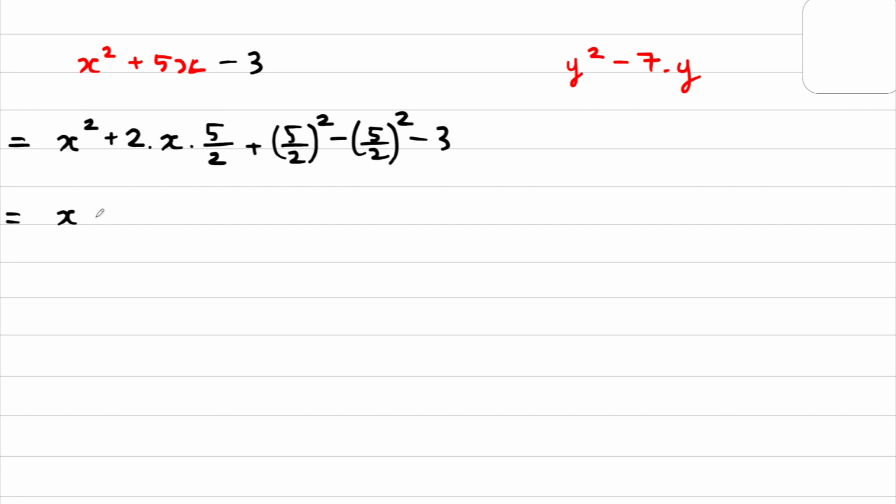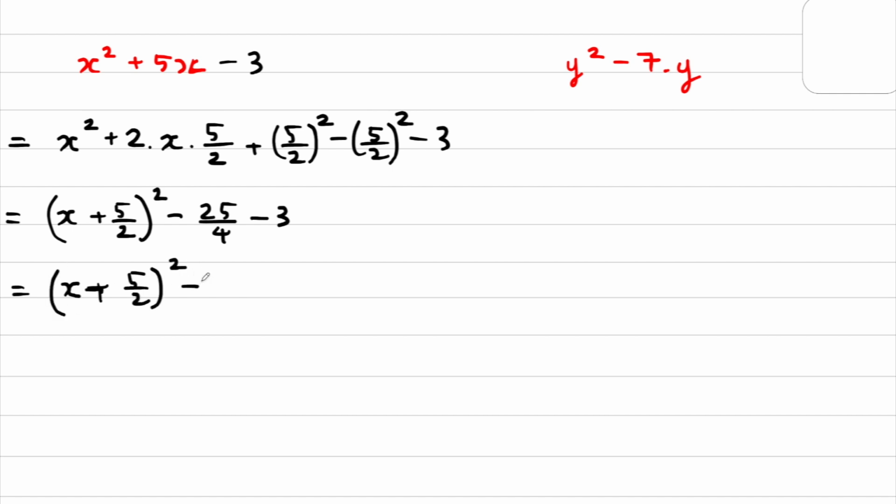The first three terms will set up the perfect square. 5 over 2 squared like this one here is 25 over 4 minus 3. Okay, x plus 5 over 2 squared like this one and 25 over 4, and here you got minus 37 over 4.